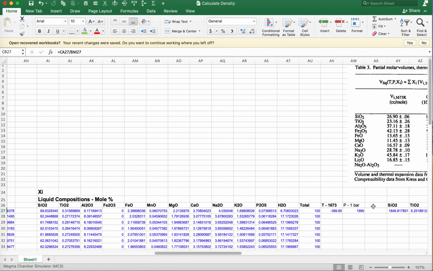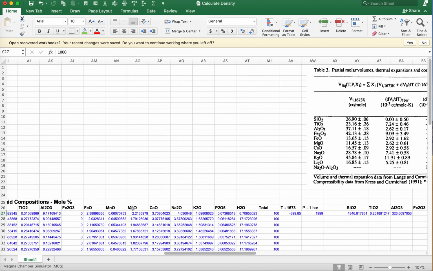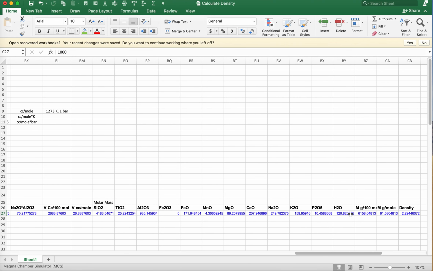So in this case, for a system that has this liquid composition, 2.8% water, and is at 2 kilobars and 1,000 degrees centigrade, then our estimate for the density is 2.29 grams per cubic centimeter.